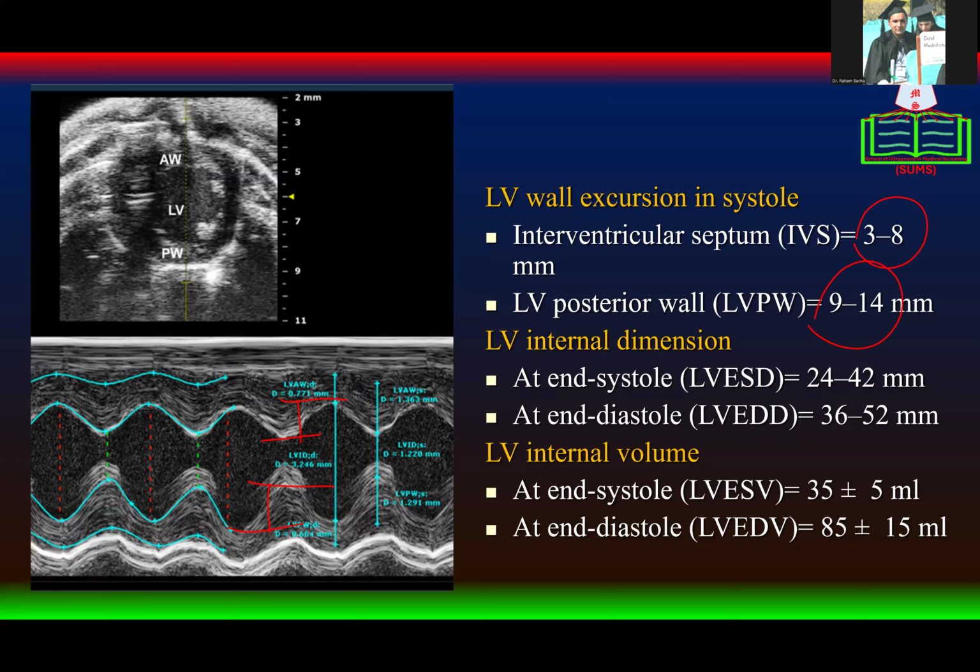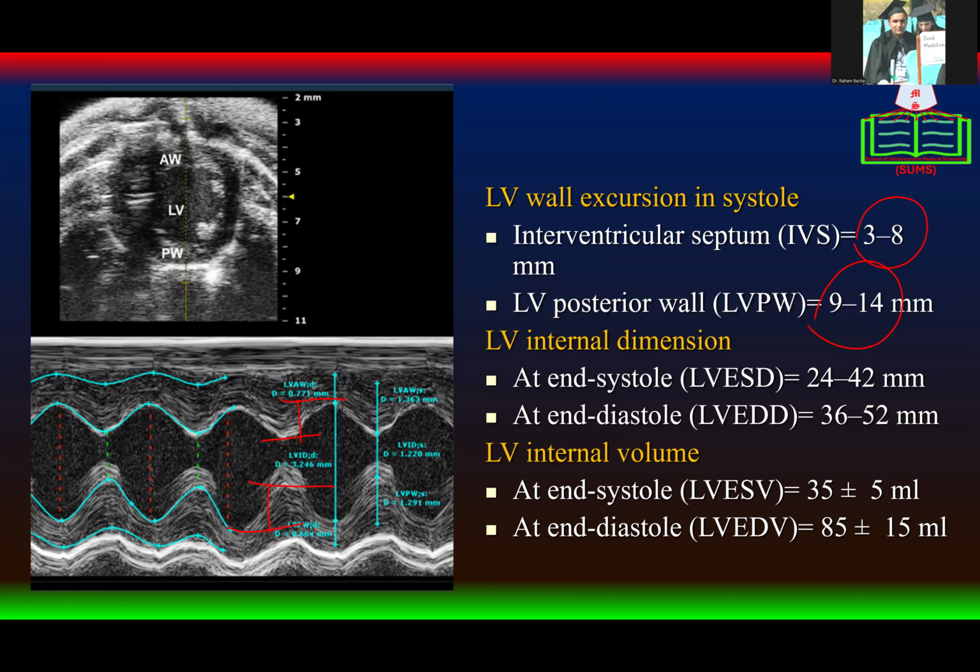And then the left ventricular internal dimensions. At end systole, the left ventricular dimension is 24 to 42, and at end diastole, it's 36 to 52. So you know, in diastole, the ventricle is enlarged.